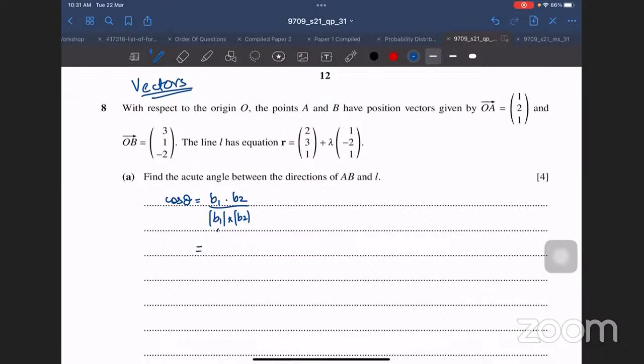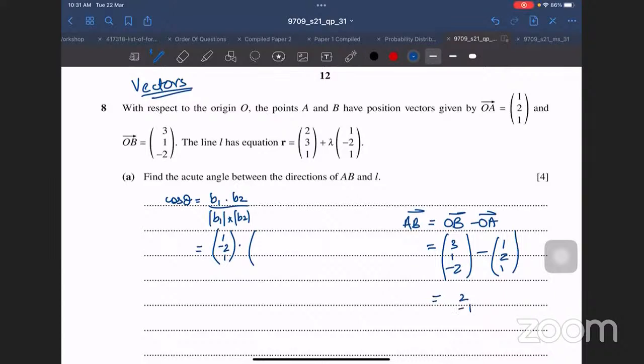I know one of the directional vectors, that's 1, minus 2 and 1. For the second directional vector, I'm going to calculate AB, which is OB minus OA. OB is 3, 1, 2 minus 1, minus 2, 1, which gives me 2, minus 1, minus 3.